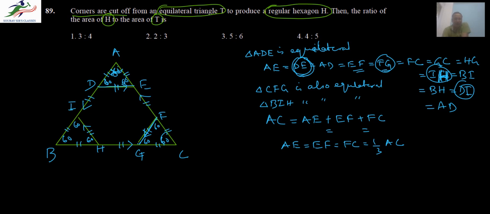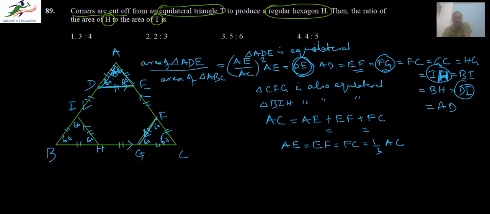So which means if I take the triangle ADE and try to calculate its area, the area of triangle ADE over the area of triangle ABC will be in the ratio of the square of their sides. So this will be equal to AE by AC whole square.